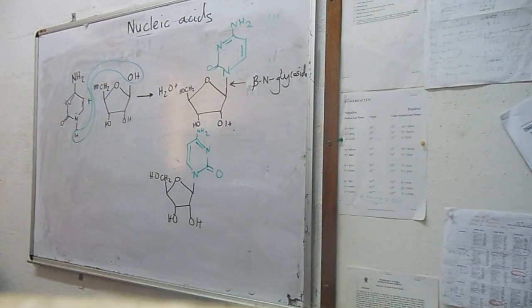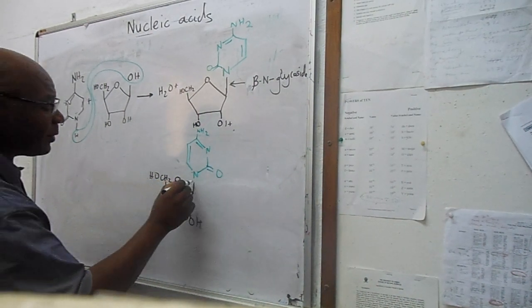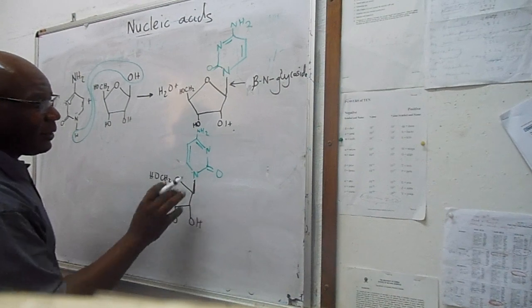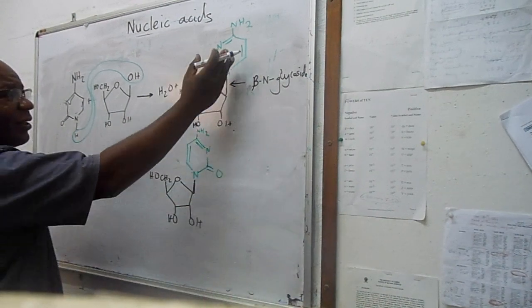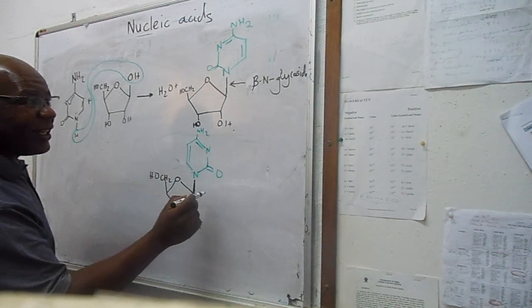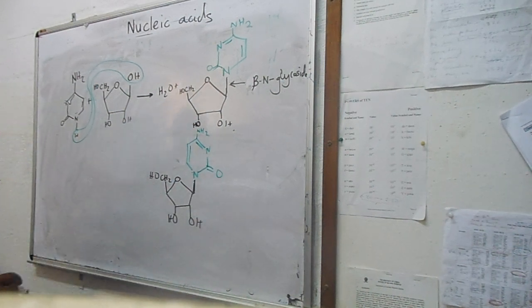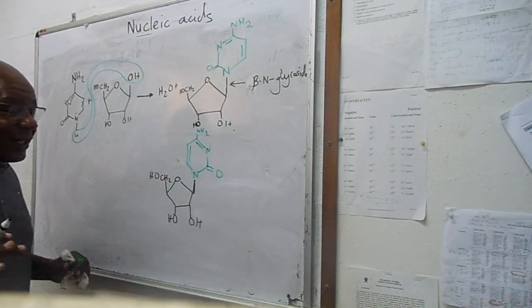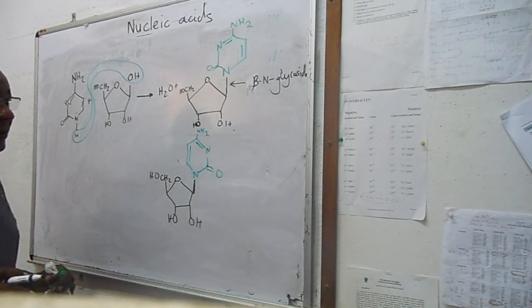Is it the same compound? No, it's not. This is facing this side, the other one is facing this side. Yes, this is also a beta N-glycoside, but there is a difference.